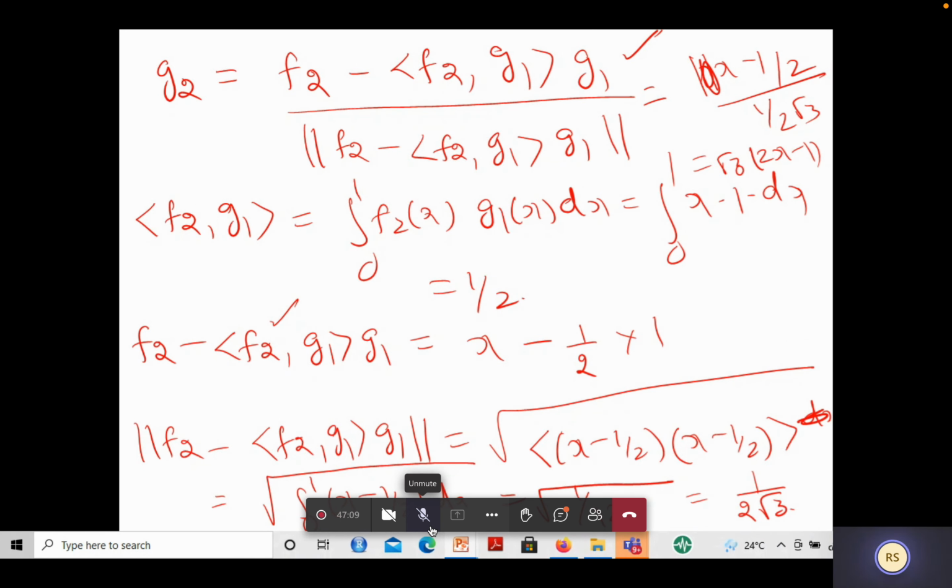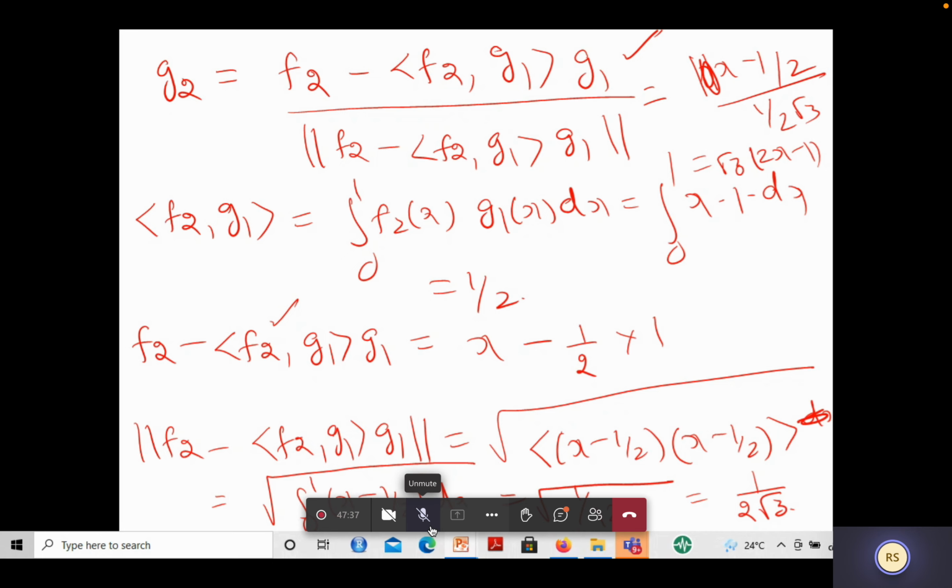Shall we proceed? Is this clear? In the tutorial session on Friday, I'll bring some questions from QR factorization and Gram-Schmidt. In module 6, only 2 topics are there: QR factorization, with orthogonal projection already completed, and least square approximation.